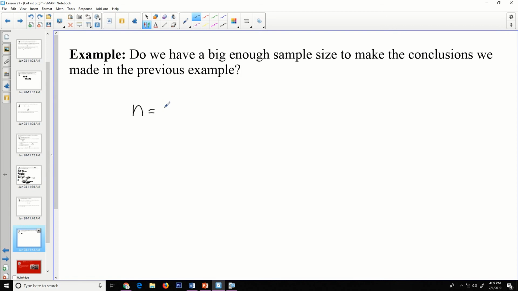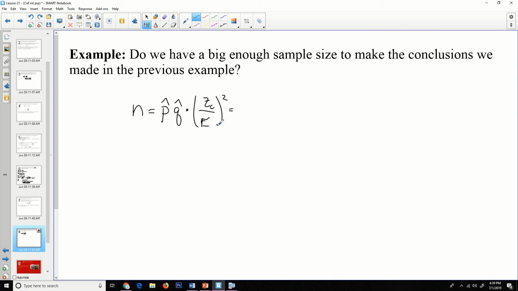Well, if we want to figure out what our sample size should be, let me write the equation down. It was p hat times q hat times the z-score over the margin of error squared.